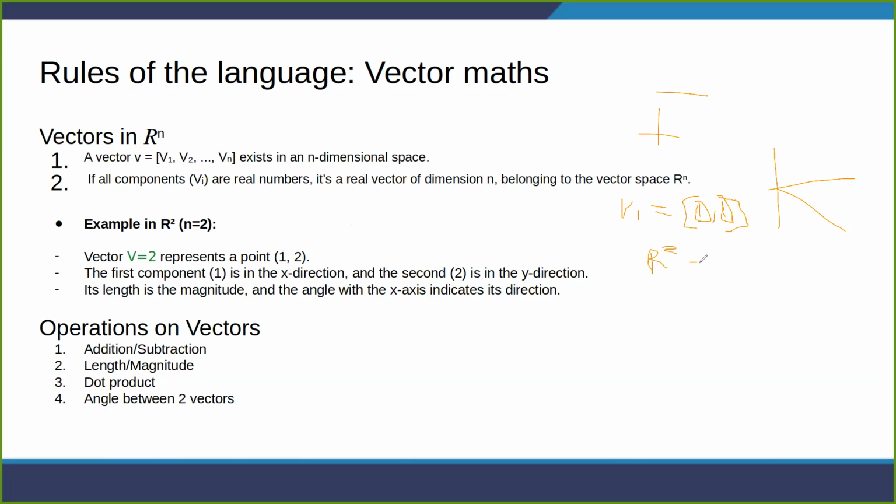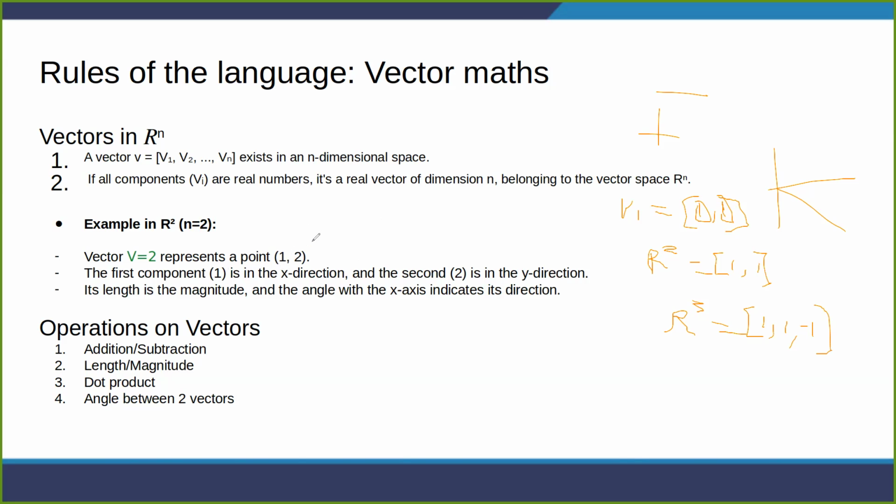R2 is basically 1 comma 1. If I say it's R3, then the dimension is 3. That means it is 1, 1, minus 1, anything but with 3 dimensions. For example, n equals 2, vector v equals 1 comma 2 represents the point 1 comma 2. The first component 1 is in the x direction, 2 is in the y direction.